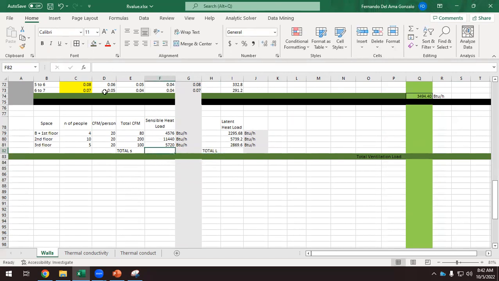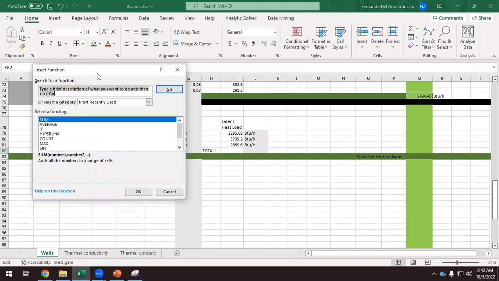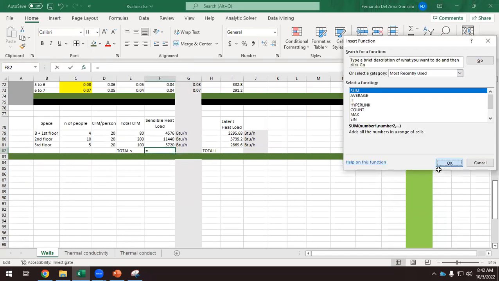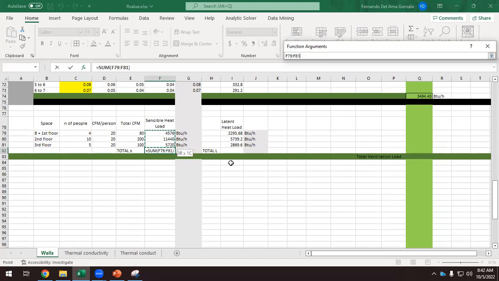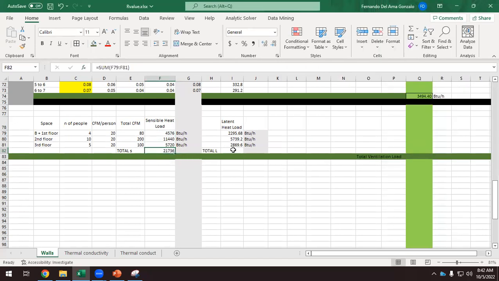So the total sensible here, I have to sum all this, and the total, I just copy this here.